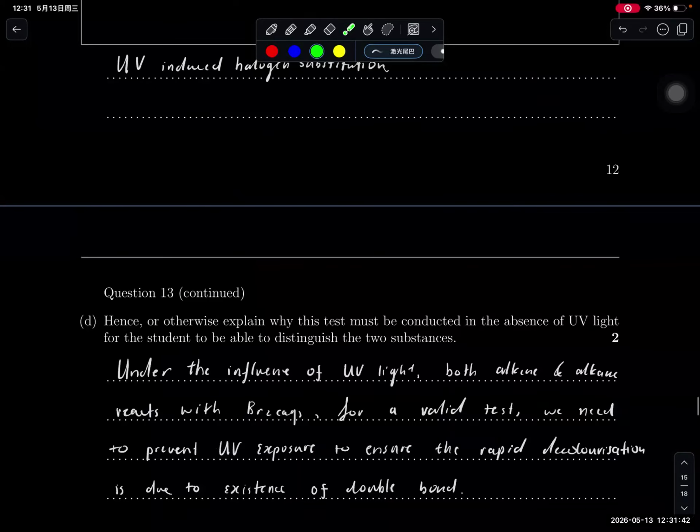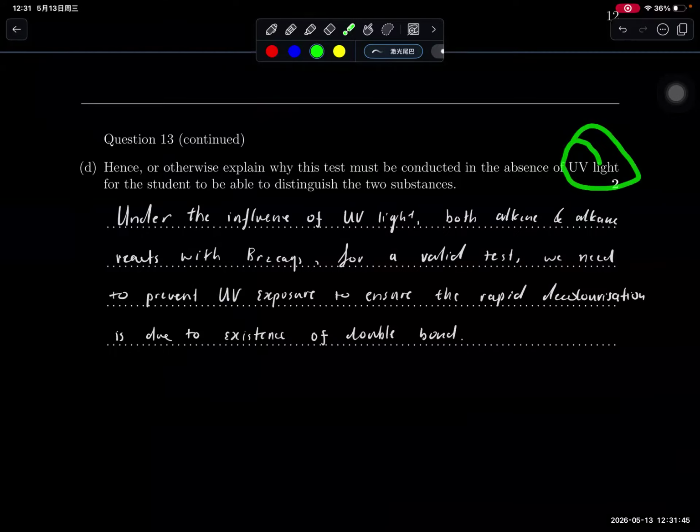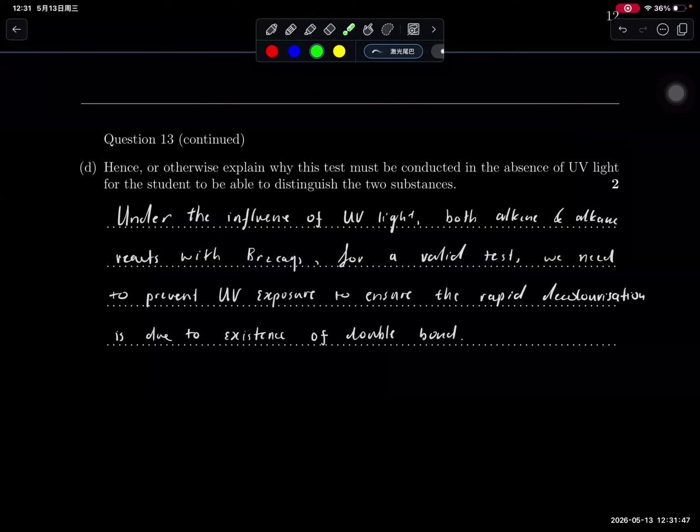We have to ensure that UV light is out of sight so that alkanes definitely do not change color, because if UV light is present, there's a chance that alkanes can decolorize as well. So in order to compare the reactivity of double bonds and single bonds validly, we need to get rid of UV light as a control variable. I just mentioned validity.